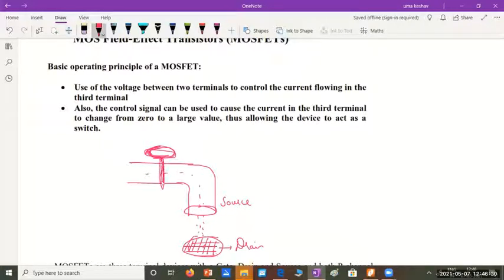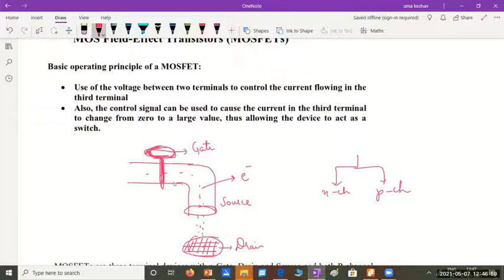And what is this controller knob known as? Gate. So basically it follows this tap analogy. The electrons will be generated and moving from source to drain. All these are electrons. If I take an N channel, there you also have N channel and P channel. There are so many classifications. Again, I have depletion, enhancement. I'll come to that.